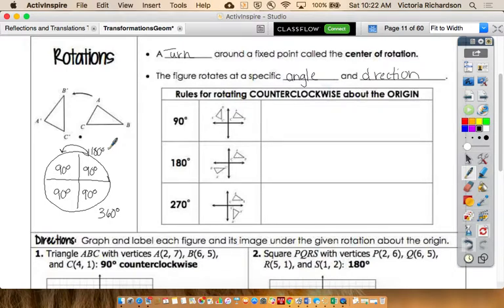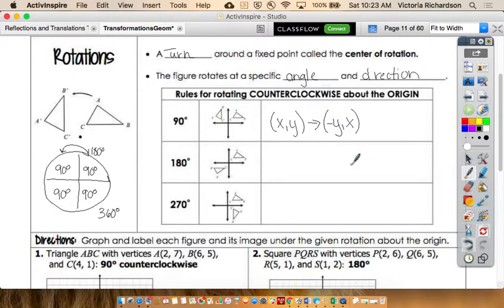So when we talk about rotating counterclockwise 90 degrees, that means we are going to move from one quadrant into the next quadrant and only move one 90-degree rotation. So when we do that counterclockwise, what happens to our x and our y is that you get a negative y and a positive x, and the ordered pair switches places.